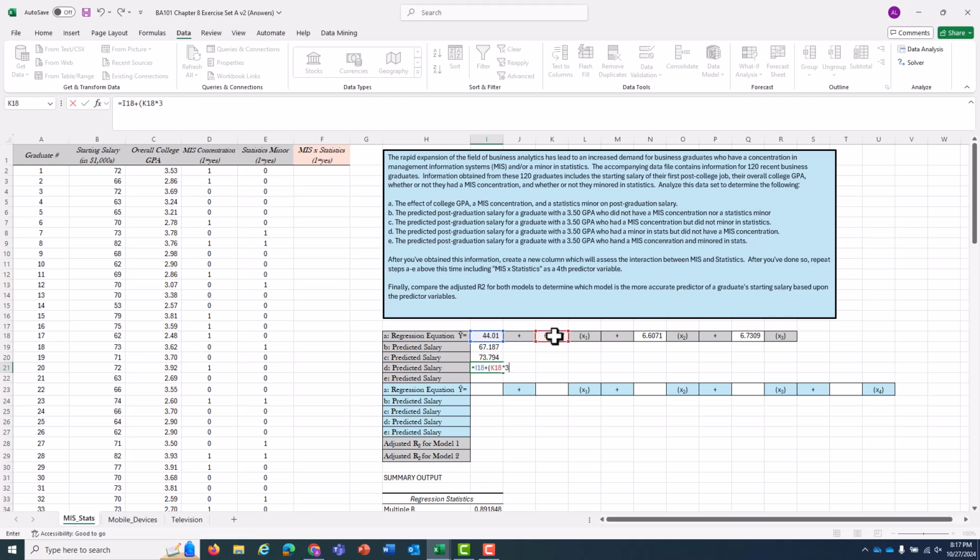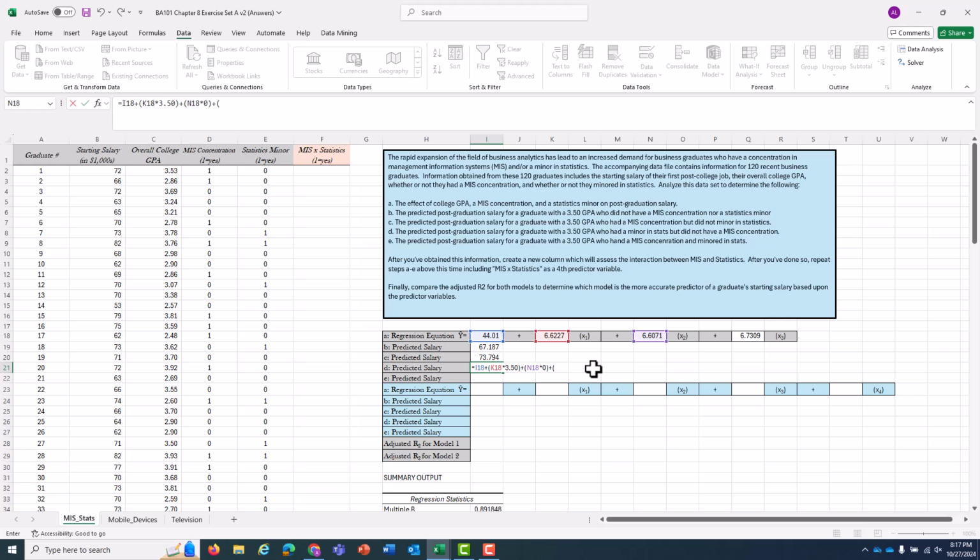For D, one more time, filling in our regression equation, 44.01 plus the coefficient that we have for our GPA, which is still 3.50. And then our coefficient over here for whether there's an MIS concentration or not. For D, it's a 3.5 GPA and a stats minor, but did not have an MIS concentration. So that one would be 0. Close the parenthesis.